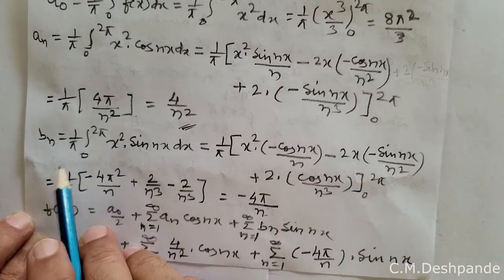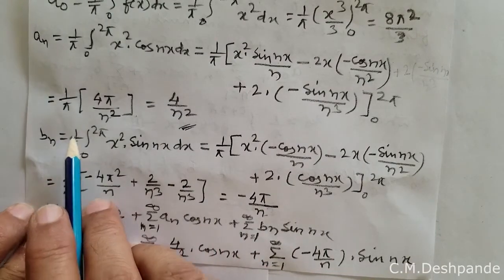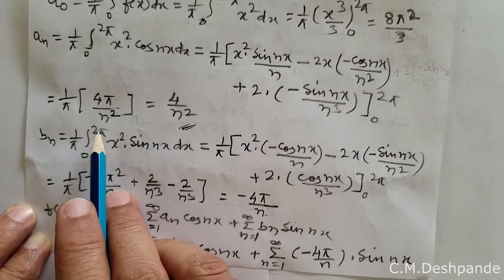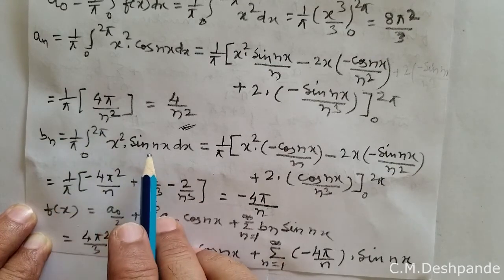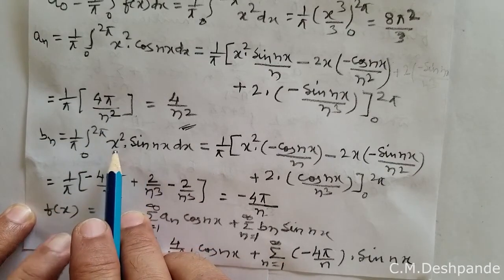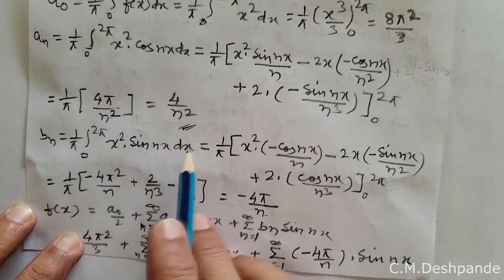Now b suffix n is obtained similarly by this formula, 1 by pi integration from 0 to 2 pi of f of x into sine of nx, and replace the value of f of x, x square into sine of nx dx.